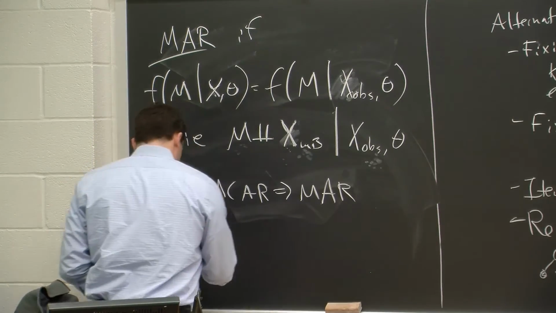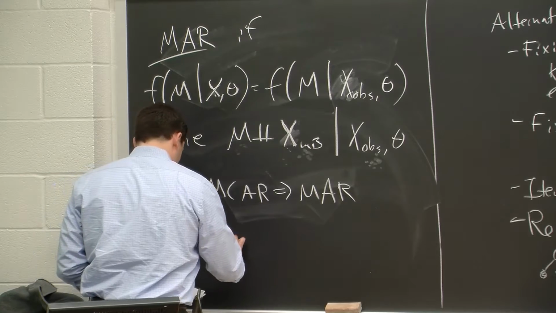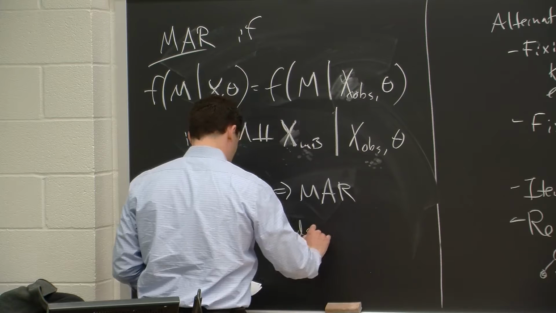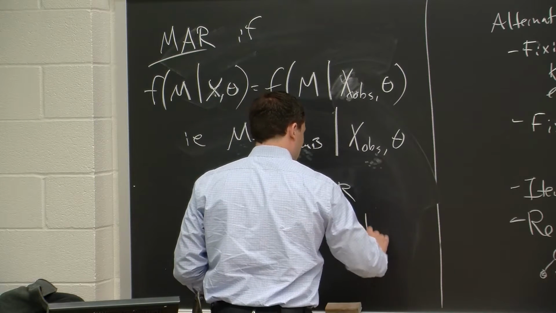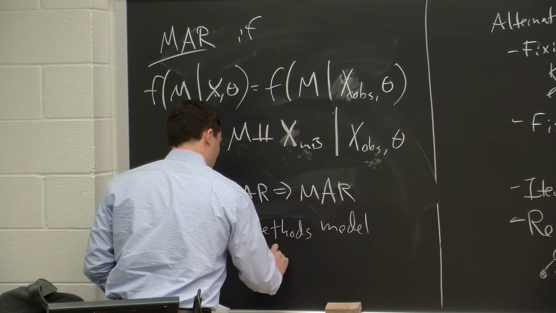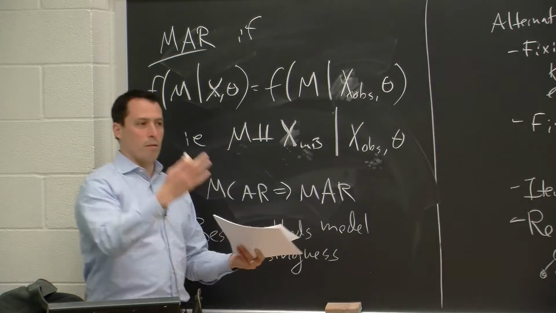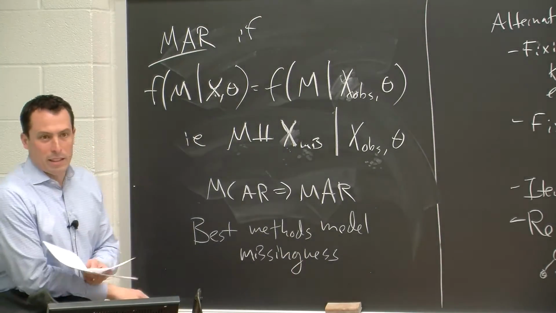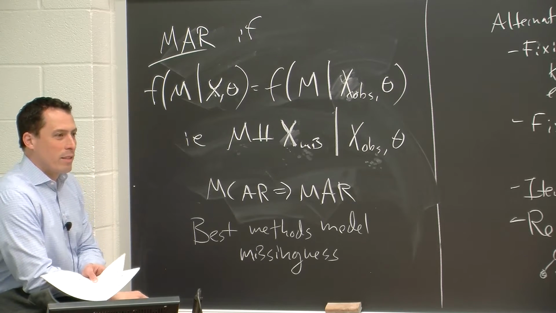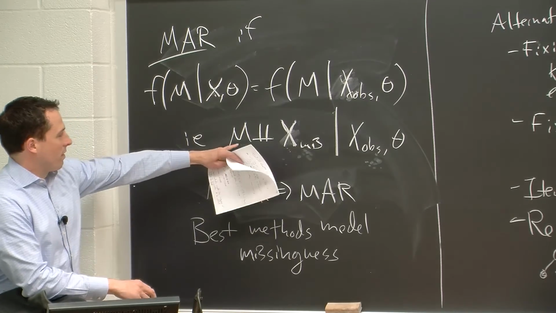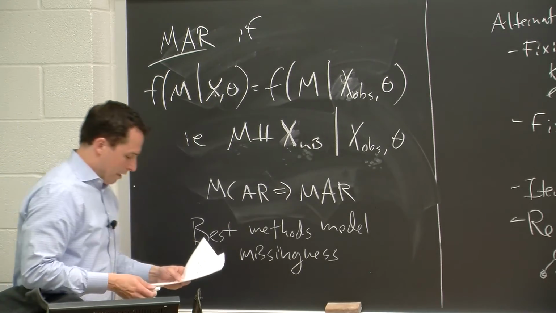And so, as I'll emphasize again today, the best methods model missingness. In other words, rather than tacking on some additional assumptions or pretending that missingness was impossible, even though we observed it with positive probability, they push this variable m into the model and model it explicitly.